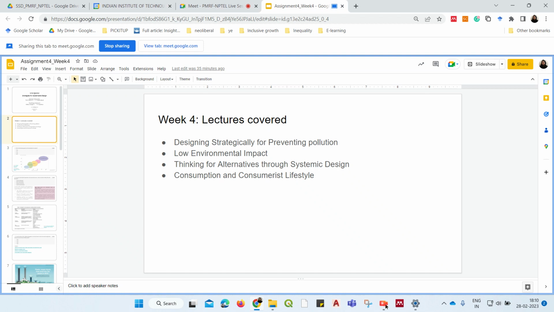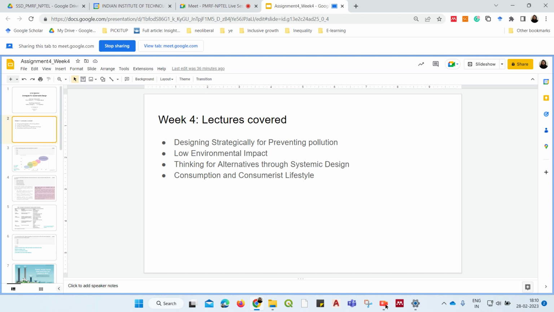Then is thinking for alternatives through systemic design. So in this you would have studied two basic design thinking processes, one is design thinking and another is systems thinking. You would have studied the differences between the two and how both can be integrated also for design of any product or any service.